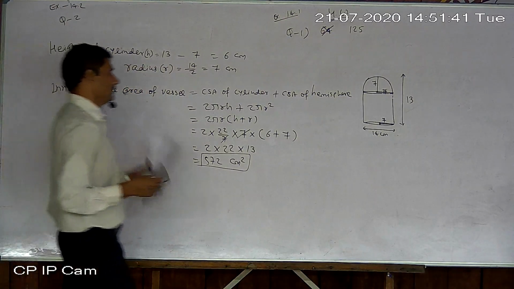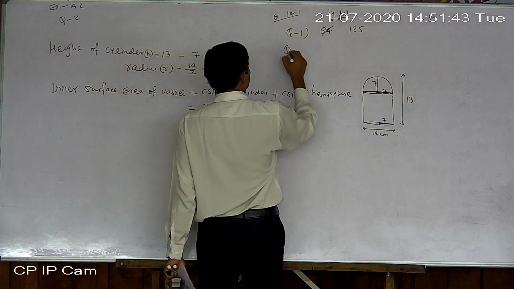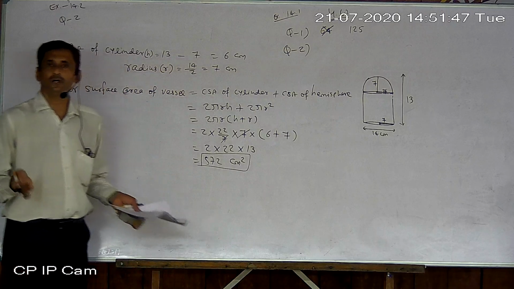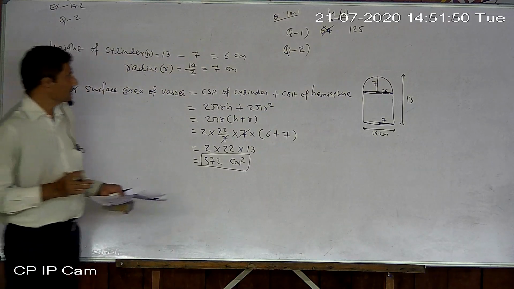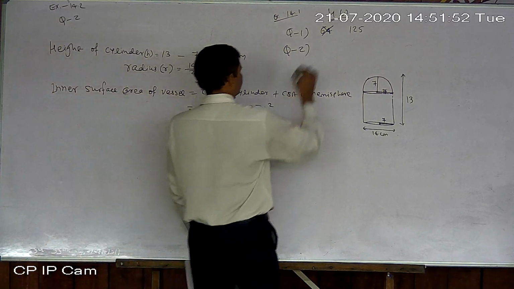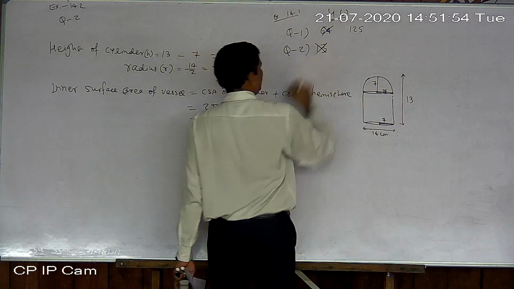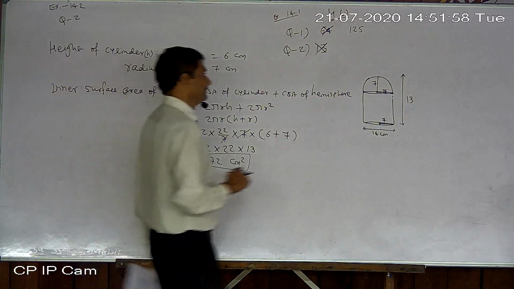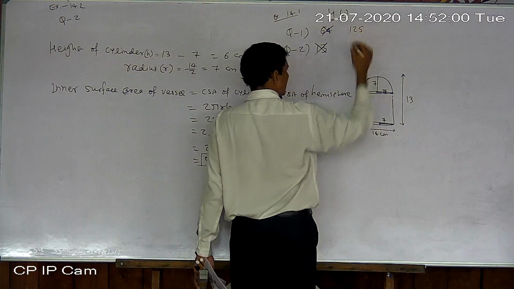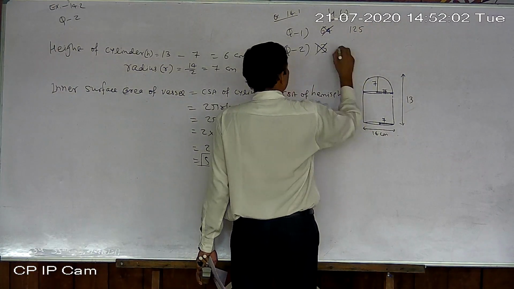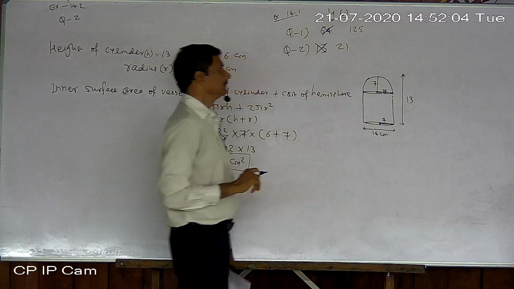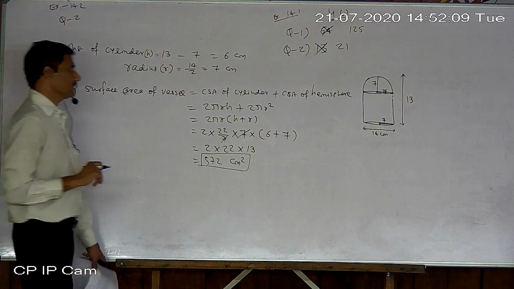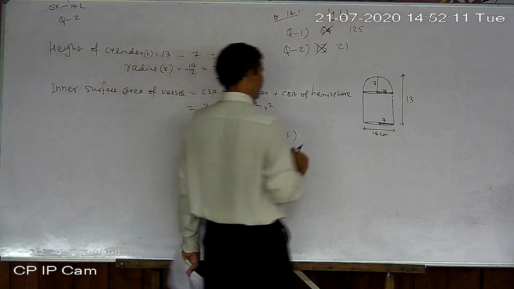Now, I again give you the same type of sum. Only measurement I just going to change. Instead of 13, whenever 13 is given, write down 21. Okay, when 13 is given, write down 21.